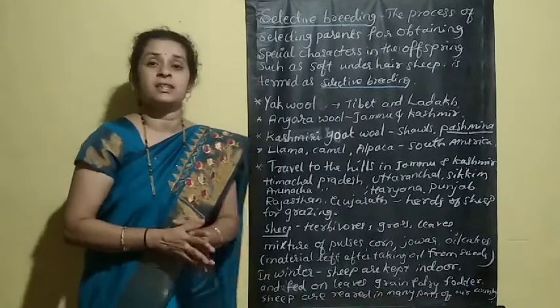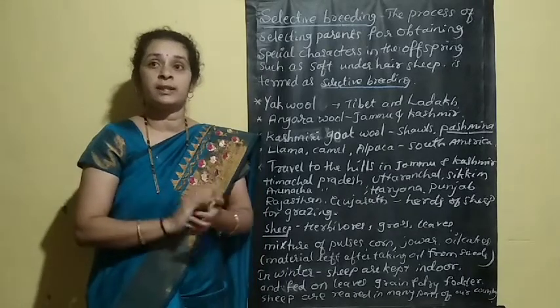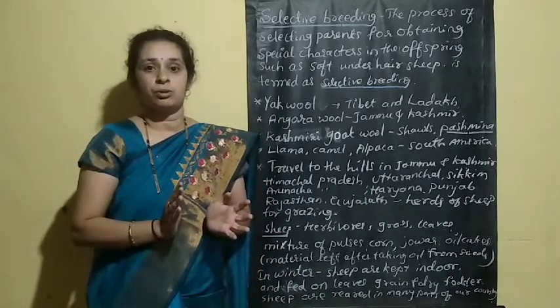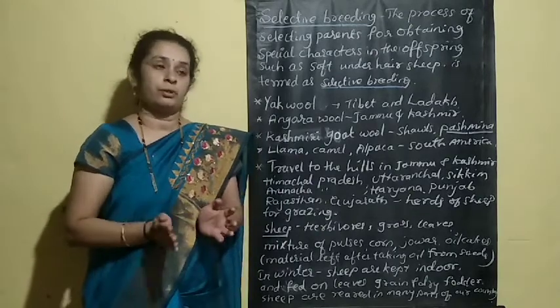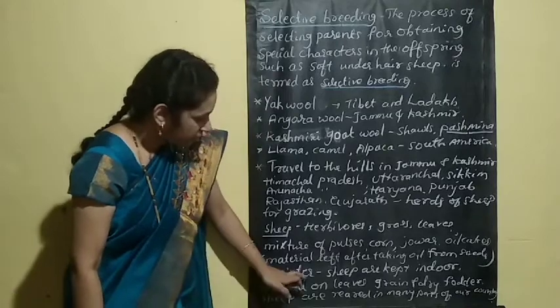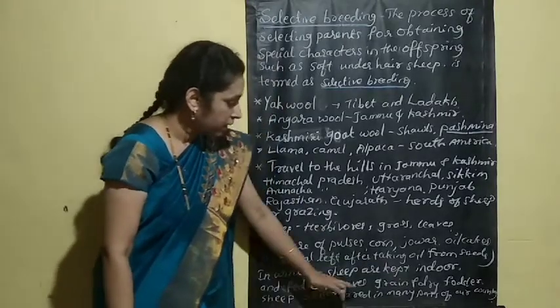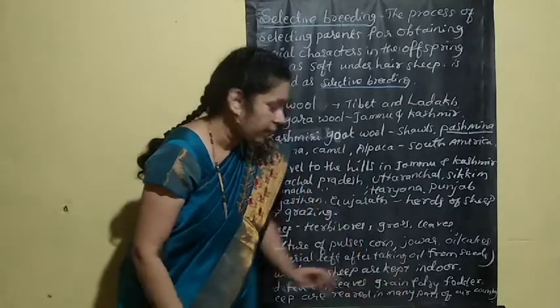In the winter season, the sheep are kept indoors. Indoors means inside the house, inside the roof. In winter season, sheep are kept indoors and fed on leaves, grain, and dry fodder.